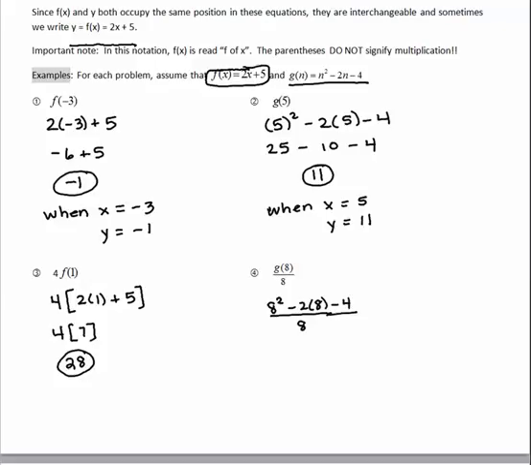That would be 64 minus 20 would be 44. Divided by 8 comes out to 5.5. So arithmetic can be done with function values. Just make sure you calculate the function value first and then perform whatever arithmetic you need to perform on it.